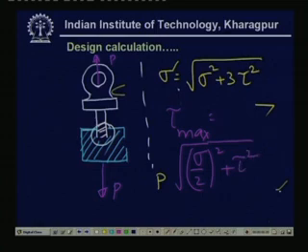Now here sigma prime must be less than sigma allowable, and tau max must be less than tau allowable. This uses the maximum shear stress theory, whereas that uses the von Mises theory of failure. So this is how a bolt is to be designed when there is no pre-stress. Now let us see what happens when there is pre-stress.